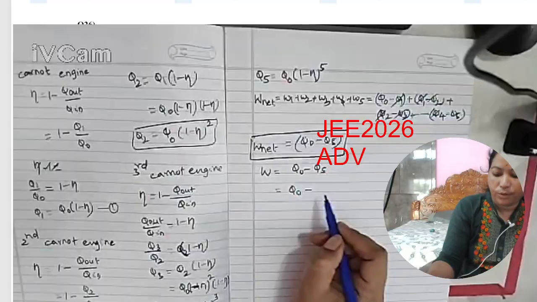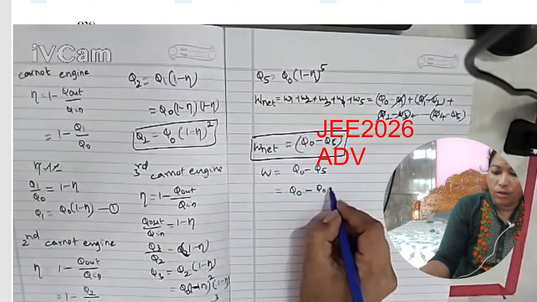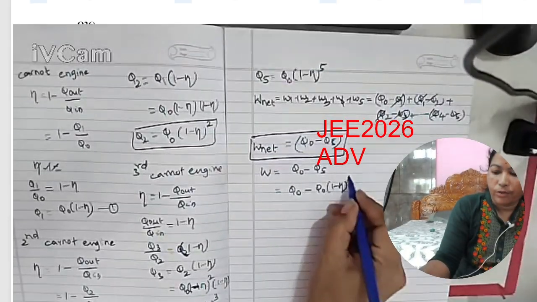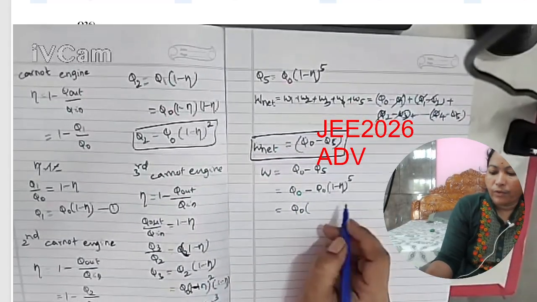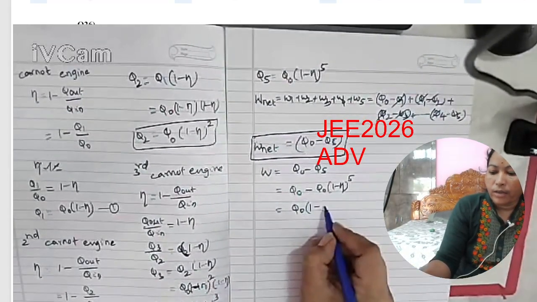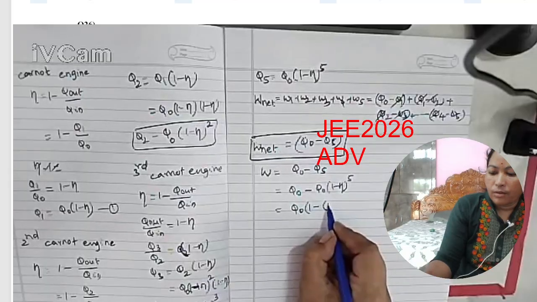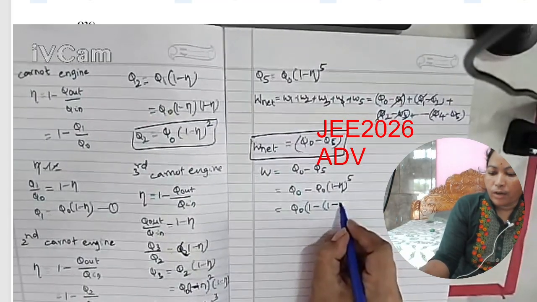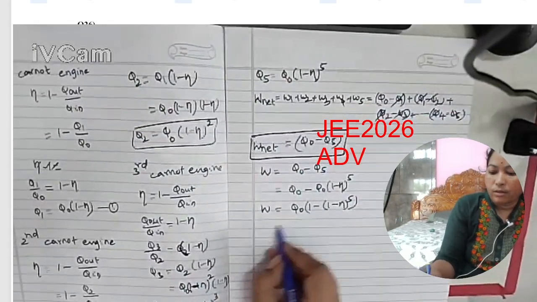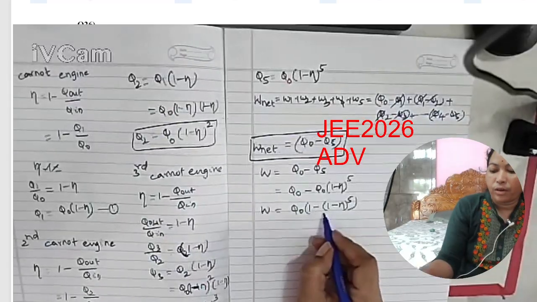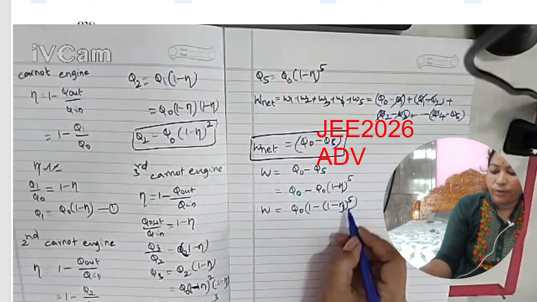In the place of Q5, I'm writing the Q5 value, Q naught into (1 minus eta) to the power of 5. Taking Q naught out, W is equal to Q naught into (1 minus (1 minus eta) to the power of 5).